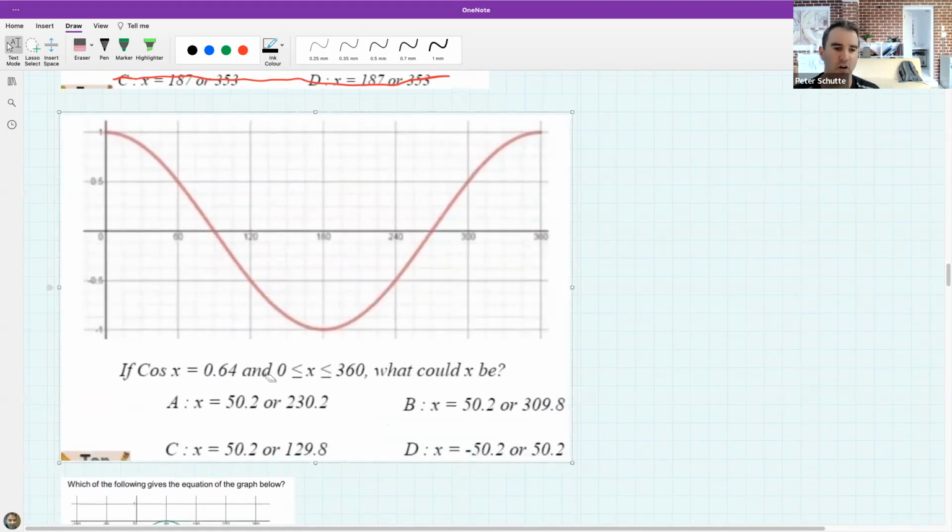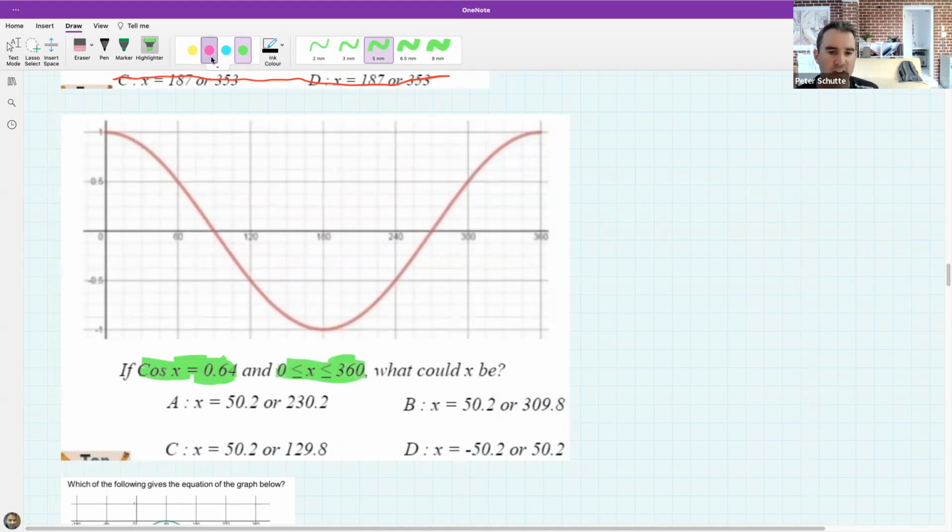So if cos of x is equal to 0.64 and your domain is 0 to 360, what could the x be? So this graph is y equals cos x, and I want you to think about the answer not using a general solution here, but using the actual graph itself.